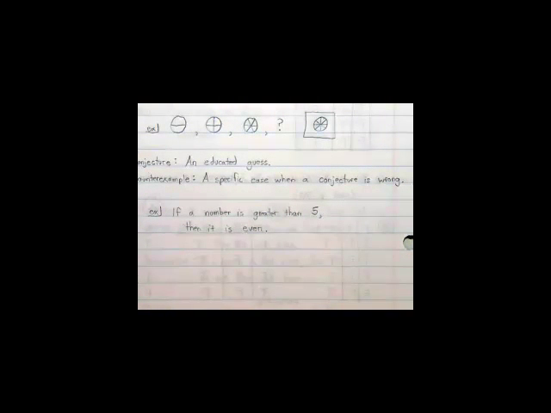I intentionally gave you a conditional I knew was false. We can all agree with that. I wouldn't be able to come up with a counterexample if it was true.